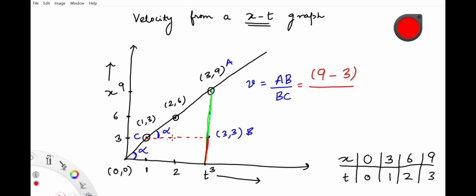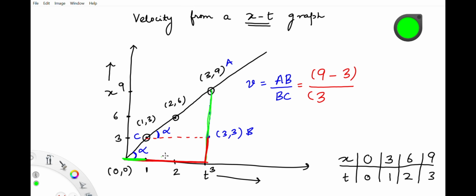So if I talk about this entire length from the origin to point B, that is basically equal to 3 units, and I have to subtract this length now. So basically I start from the origin, this entire red line, and I have to subtract this small green part so that I can get the value of BC.